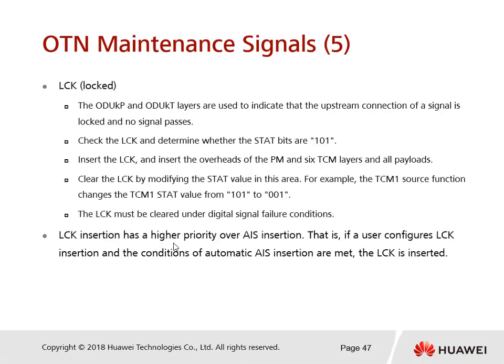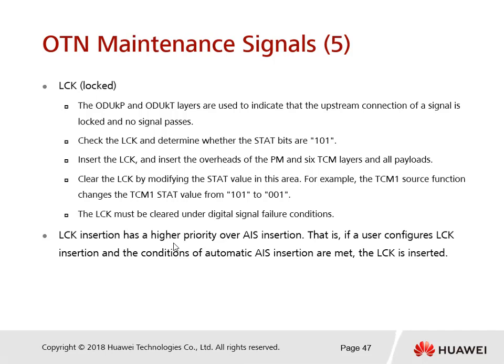For LCK, we can support it for the ODUKP and ODUKT. This is used to indicate that the upstream connection of a signal is locked and no signal passes. To know whether the status is locked, we should check the status bits. The value should be 101, then it is the locked status.